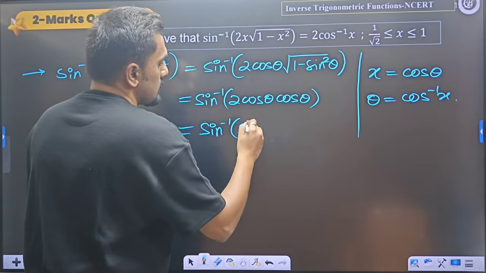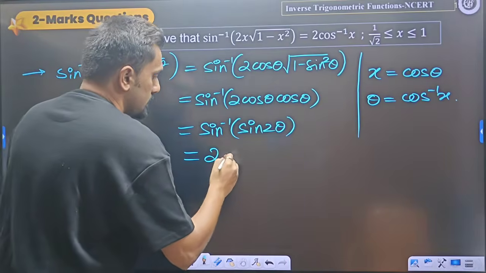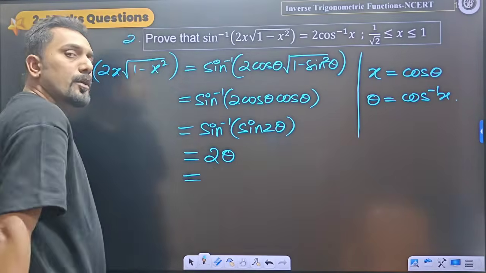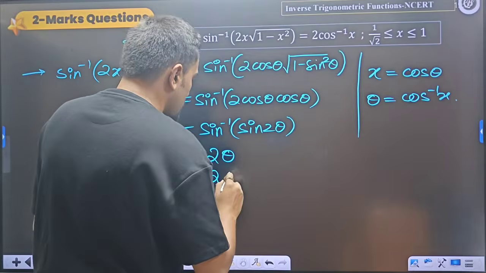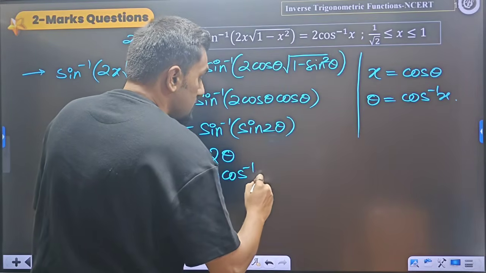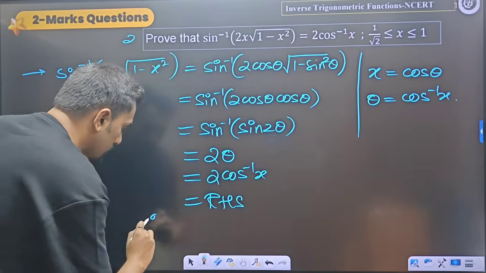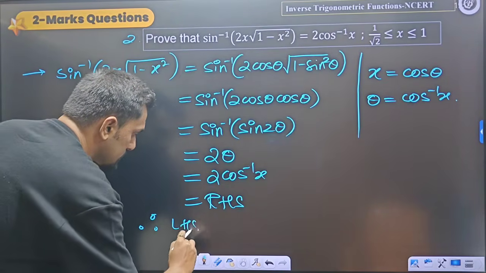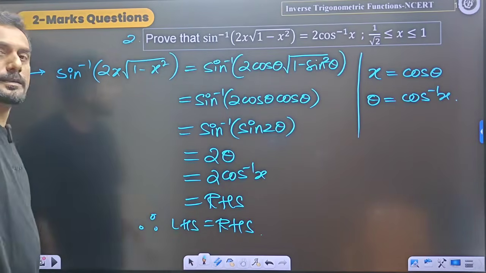Again sin 2 theta. So sine inverse of sine 2 theta is 2 theta by property, right? So 2 theta is nothing but cos inverse x, which is equals to RHS. Therefore LHS equals to RHS. Hence we have proved the required result.